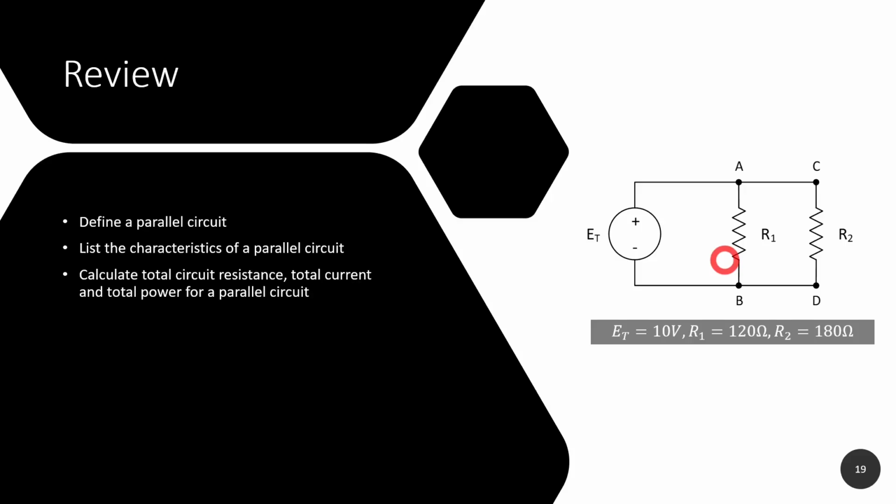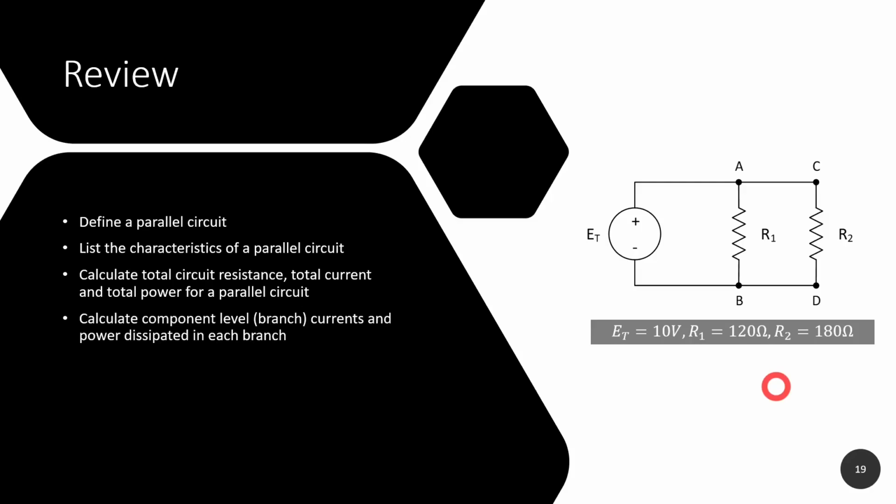Okay, so calculate circuit resistance and total current and power for a parallel circuit, and I have some givens here for you. And if you want to go ahead and calculate those, we'll come back with the answers. And then we want to be able to calculate our branch circuits and the power dissipated in each branch.